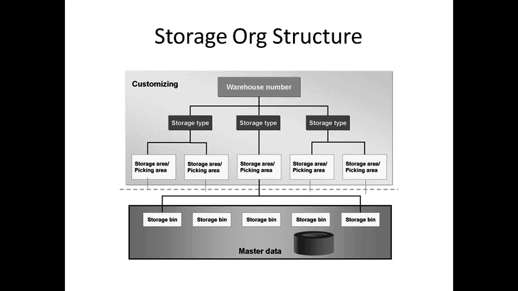Whenever anybody wants to see where a particular material is stored, you just check the quant of that material, and it shows all the details: the material is stored at this storage type, storage section, storage bin, and quant.